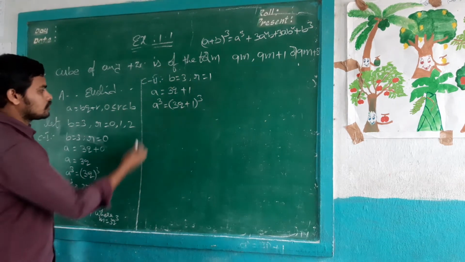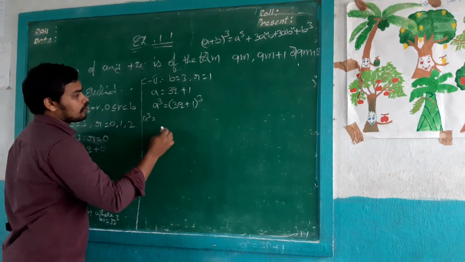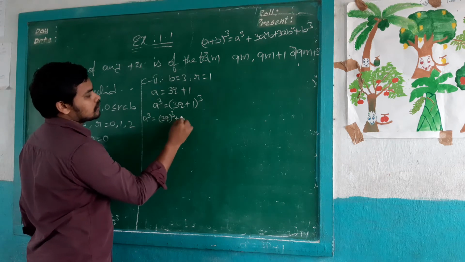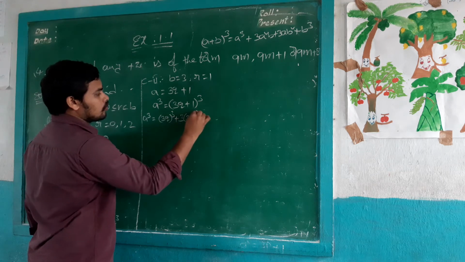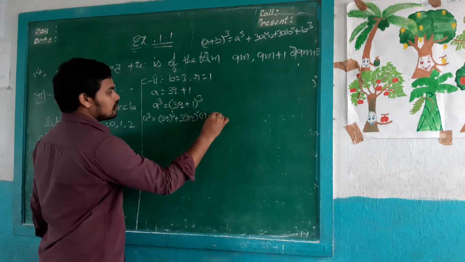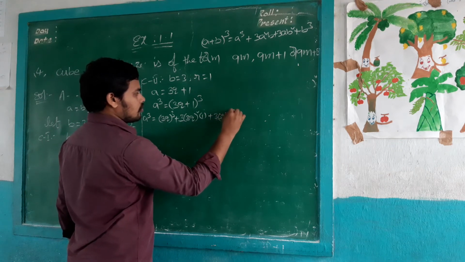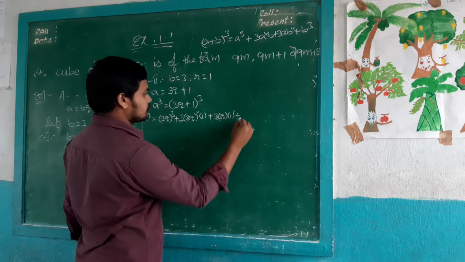Okay. So A cube equal to 3Q whole cube plus 3 into 3Q whole square into 1 plus 3 into 3Q into 1 square plus 1 cube.